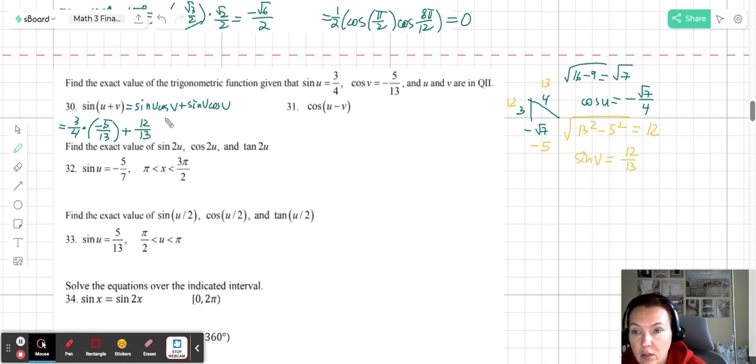Cosine u is negative root 7 over 4. So once we simplify that, we get negative 15 over 4 times 13, that's 52, and then we are subtracting 12 square root of 7. So we get something like this.